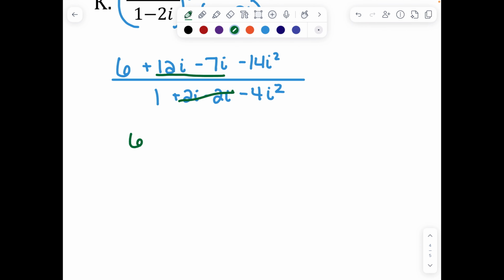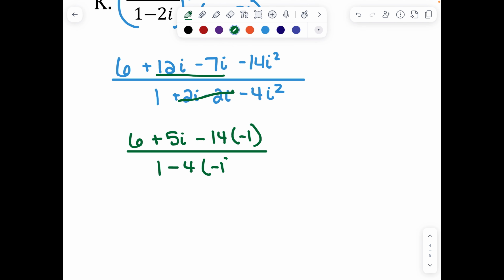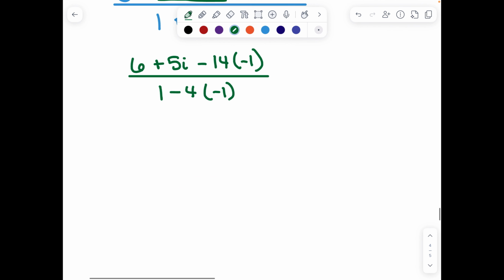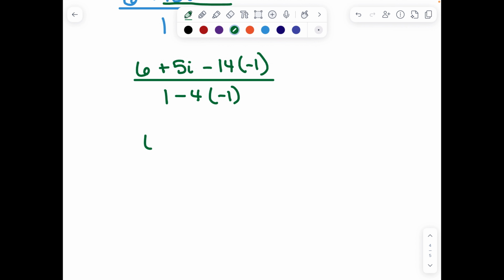So we're left with 6 plus 5i minus 14 times negative 1 over 1 minus 4 times negative 1. So this simplifies to 6 plus 5i plus 14 over 1 plus 4.